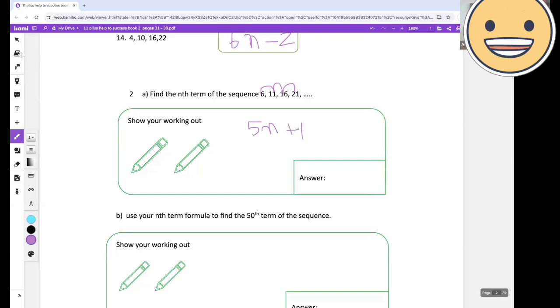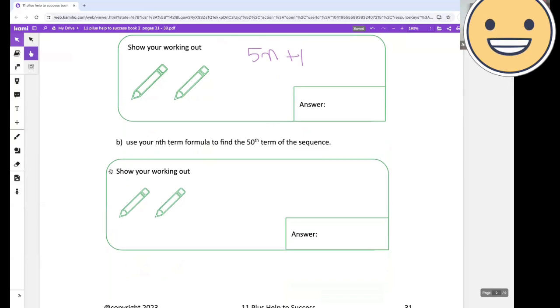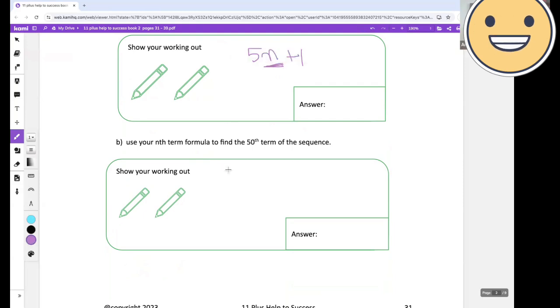Now, what are they telling you? Look at the second one. They have told you to use your n-term sequence to find the 50th term of the sequence. So how to find the 50th term? Instead of n, you are just going to write 50. You'll do 5 multiplied by 50 plus 1.